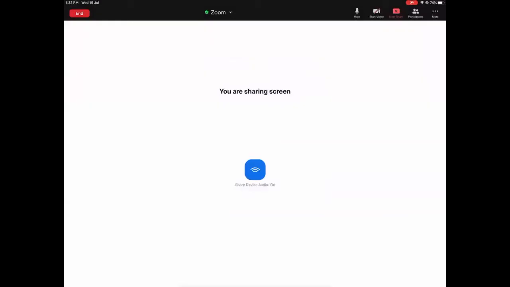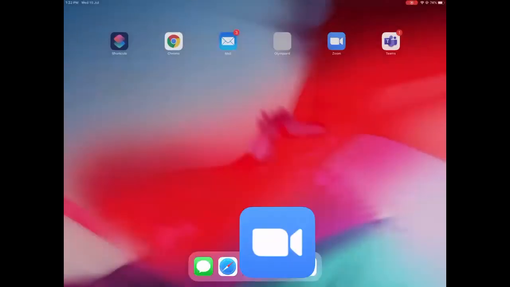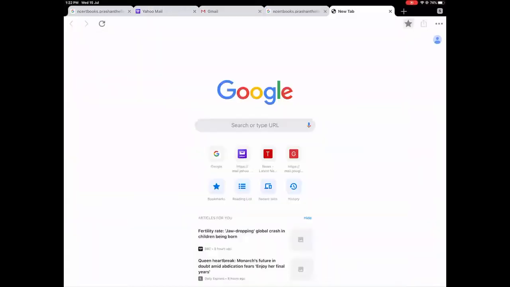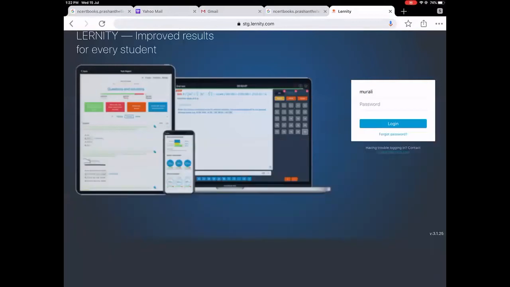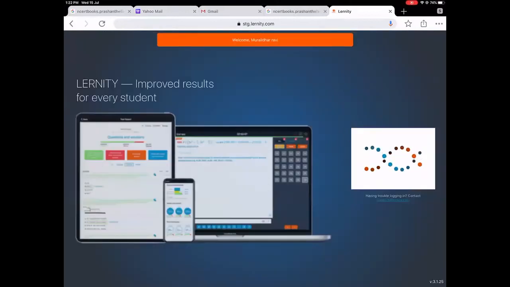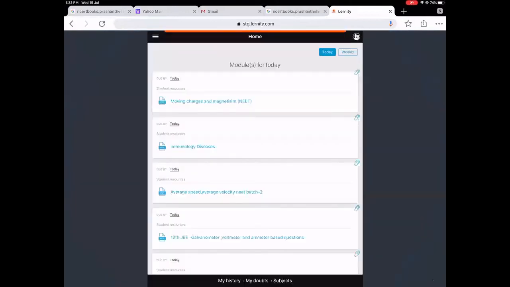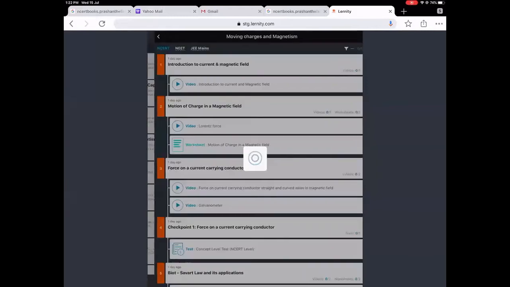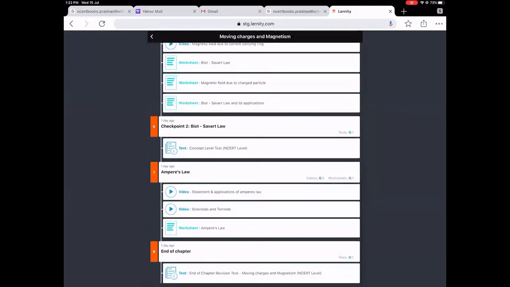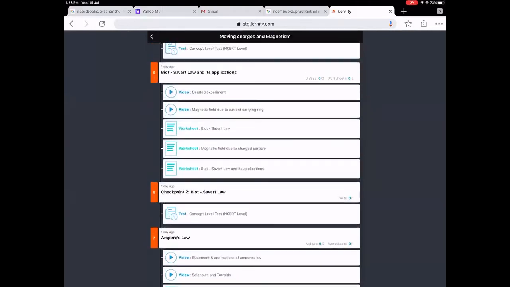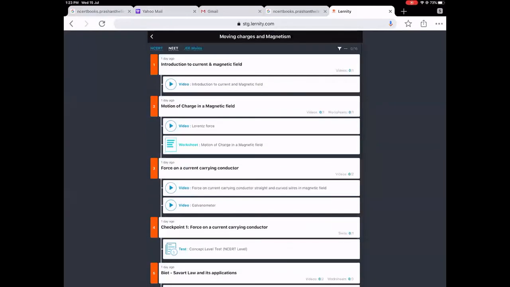If you want to know where to go, open a new browser, STG, username, go to subjects, physics, anything you click, moving charges, galvanometer, solenoids and toroids is here, Oersted experiment is here, maybe I put it in JEE mains.